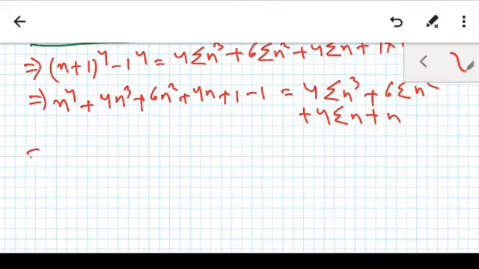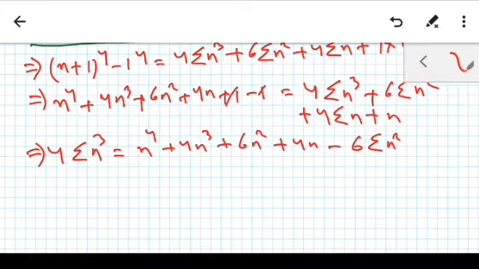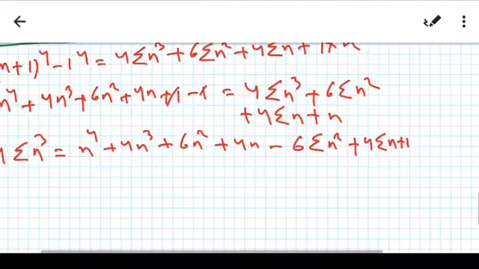That implies here n to the power 4, I am getting 4 summation of n cube. It is equal to n to the power 4 plus 4n cube plus 6n square plus 4n, and 1 are getting cancelled, minus 6 summation of n square plus 4 summation of n plus n. Right? Here I have to write n.